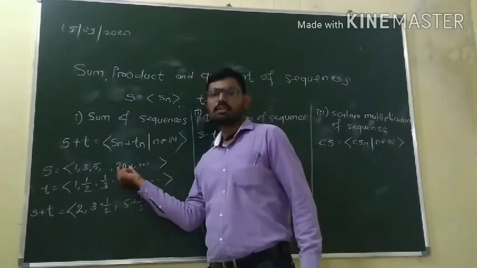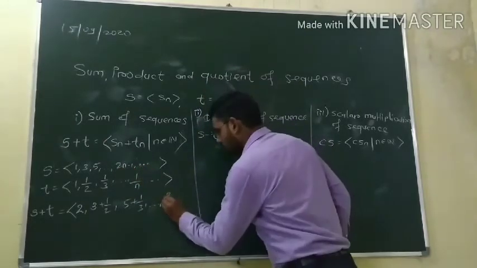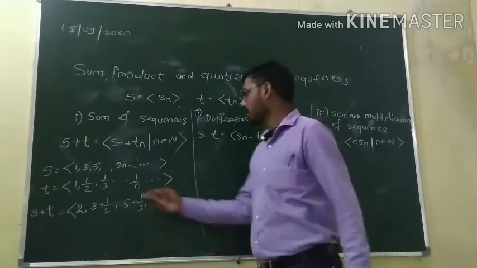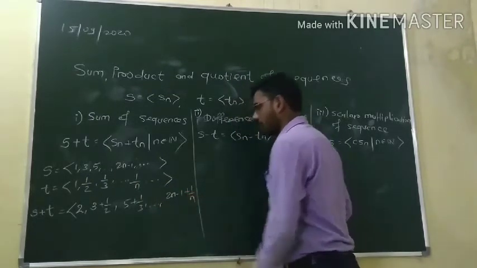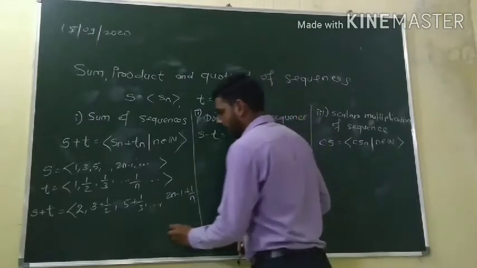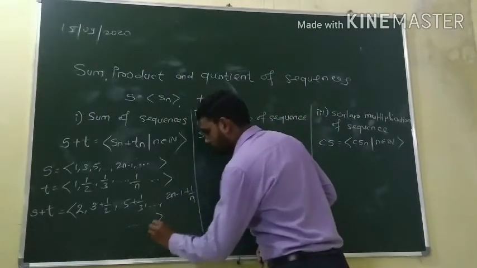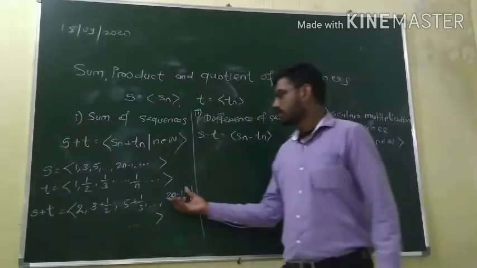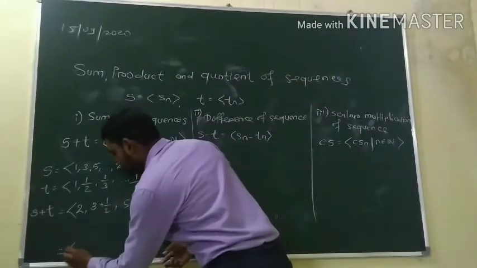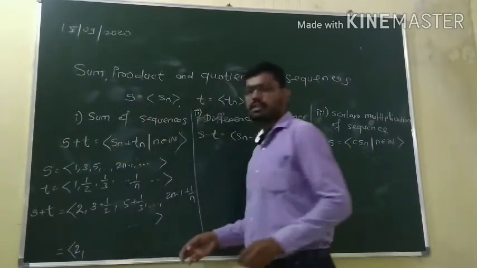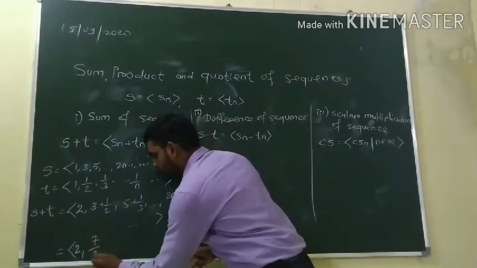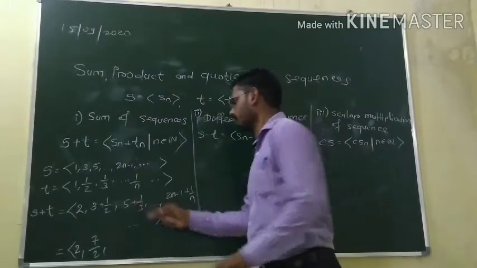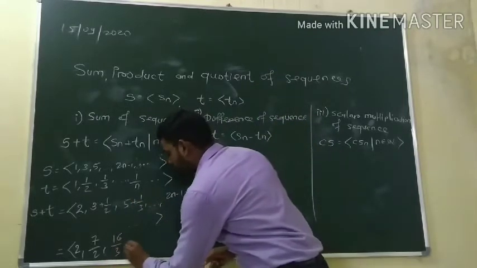Here the n-th term of S is 2n minus 1, and the n-th term of T is 1/n. So S plus T has first term 2, second term 3 plus 1/2, which is 7/2, and third term 5 plus 1/3, which is 16/3.